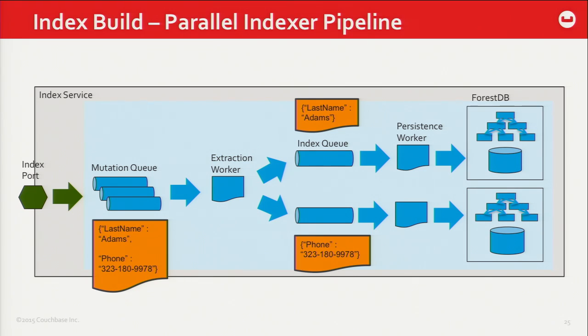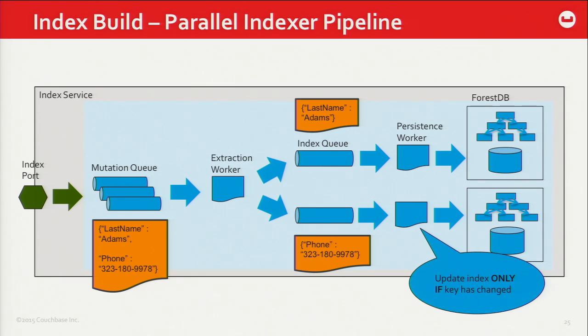This whole structure is highly parallel. It can be parallelized based on the buckets, the vBuckets, and the number of indexes. It's highly concurrent under the covers. Also notice that when the persistence workers get the key, they will first check whether the key has actually changed in the index.